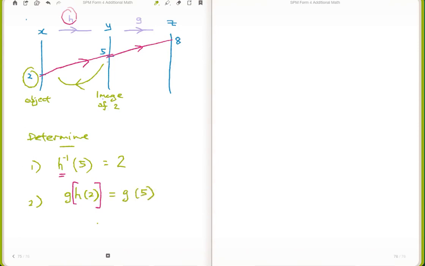And what's g(5)? g(5) is 8. Therefore, it's 8. Quite easily done, I mean, a bonus question. For the composite, all you need to do is substitute h(2) into the g, which is 5. Well, I hope it makes sense to you.